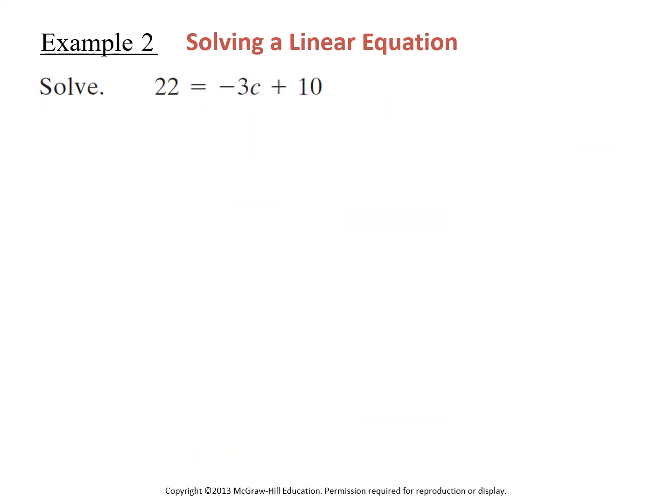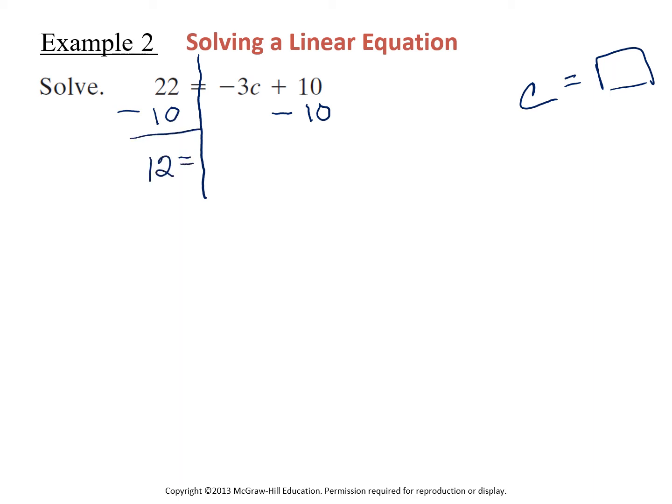My next example, I have 22 equals negative 3c plus 10. So I want to find my solution, and I want to find the value c that satisfies this equation. So this time I want c alone on the right side of the equation. So I'm going to eliminate the 10 by subtracting 10 on both sides of the equation.